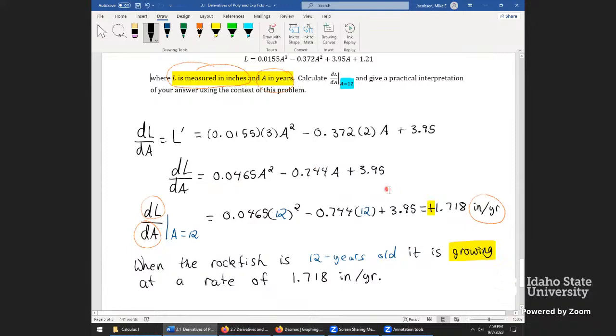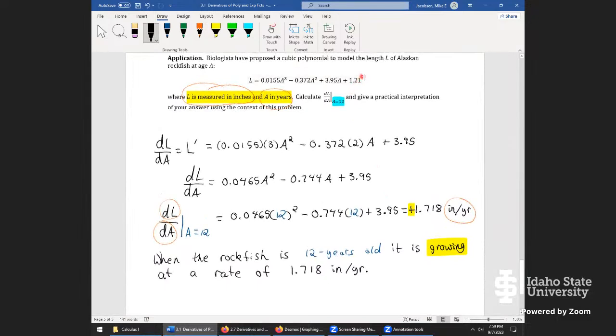So this problem was kind of twofold. Our major thing was really just calculate a derivative when it's not x's and y's. But this is the hard stuff right here, in my opinion, getting used to interpreting the derivative. Think of this as a first practice, and we'll return to it a lot in chapter 3, and particularly in chapter 4. Well, any last questions, folks, on getting through this application problem here?